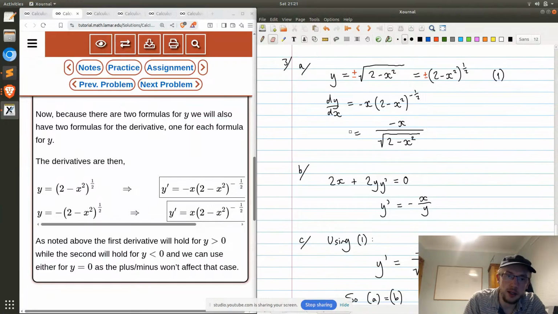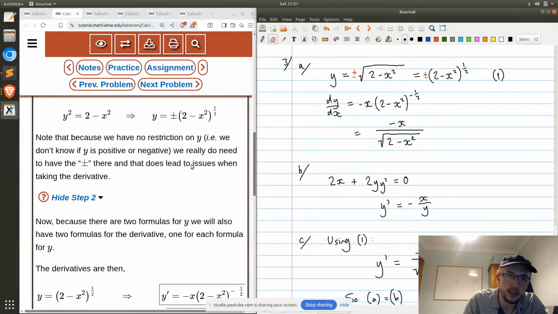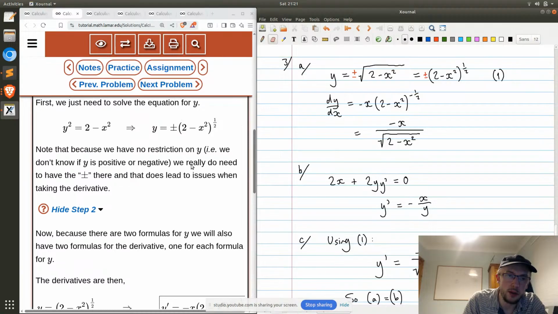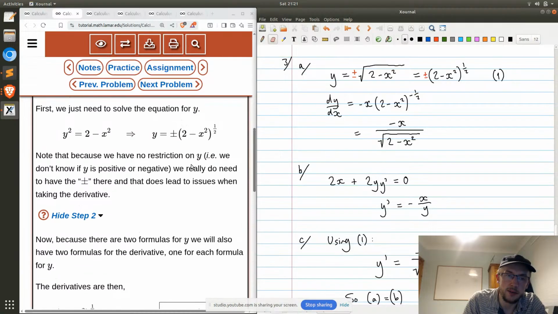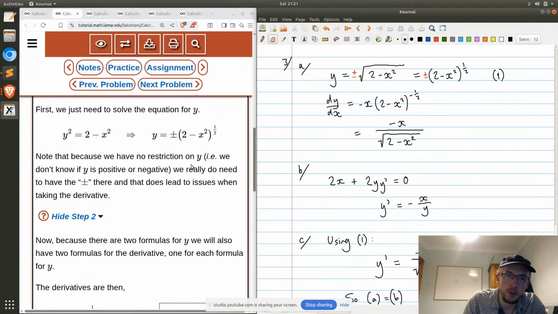And the reason why we have to be really explicit about that is because we don't know if y is positive or negative. We actually don't know that. That's true.